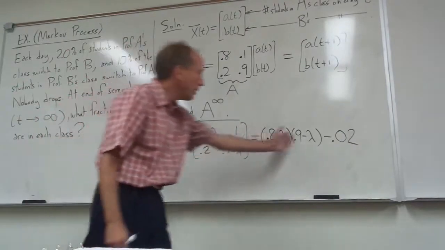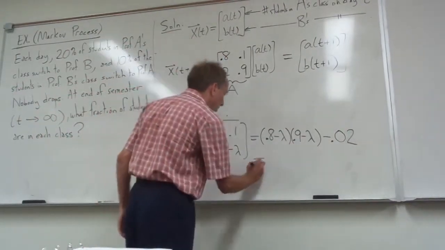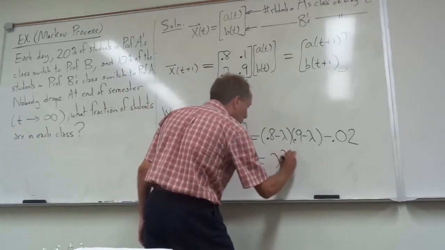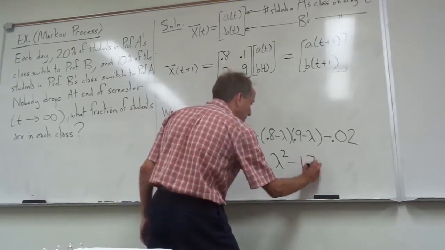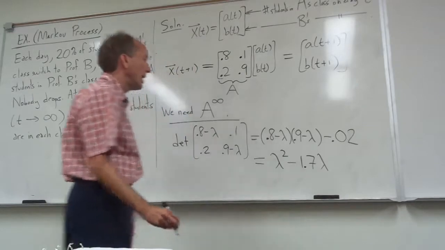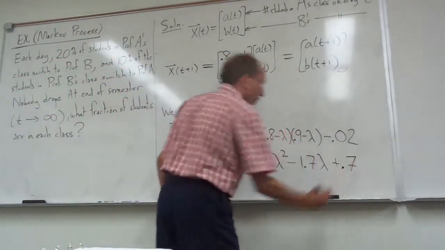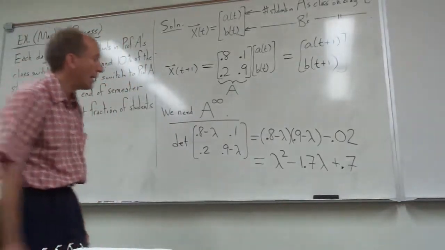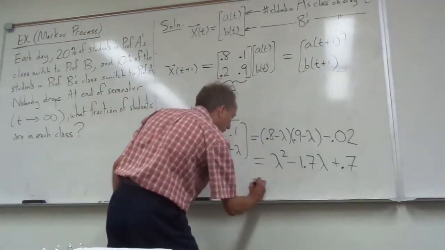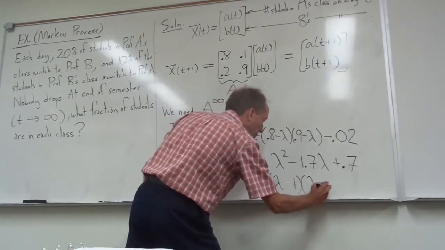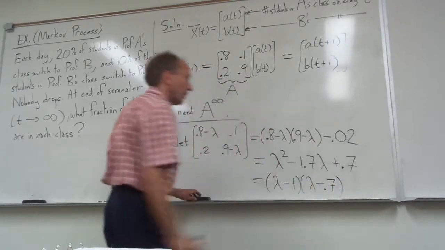This would be the kind of expression we get if we do the AD minus BC thing. When you work this out, you get lambda squared minus 1.7 lambda plus 0.7. And that actually factors very nicely: lambda minus 1 times lambda minus 0.7.